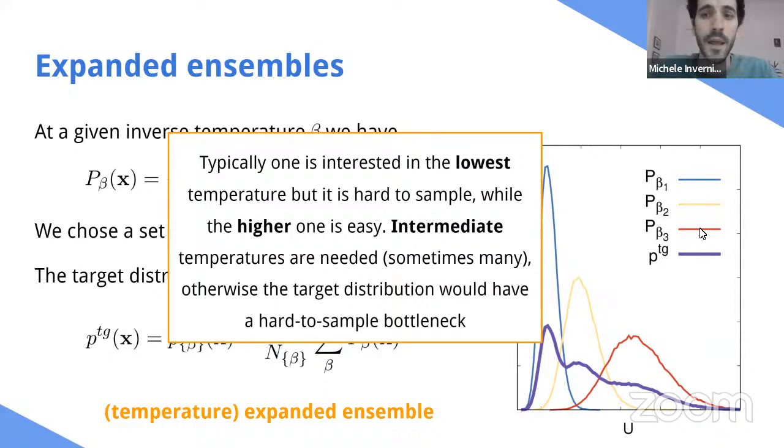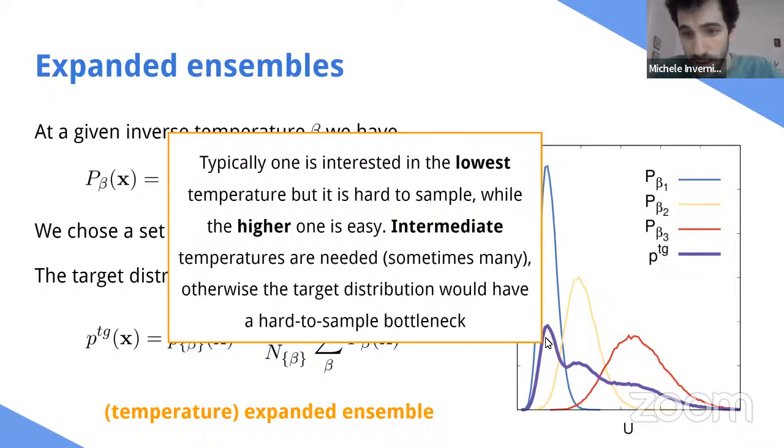Then, in order to actively define this target distribution, one also needs to have intermediate temperatures, sometimes many intermediate temperatures. Why? Because you want these two distributions to overlap. Otherwise, your target distribution will be hard to sample itself, will have a barrier in between. So this is why you need to combine a lot of temperatures together in order to define these expanded ensembles.